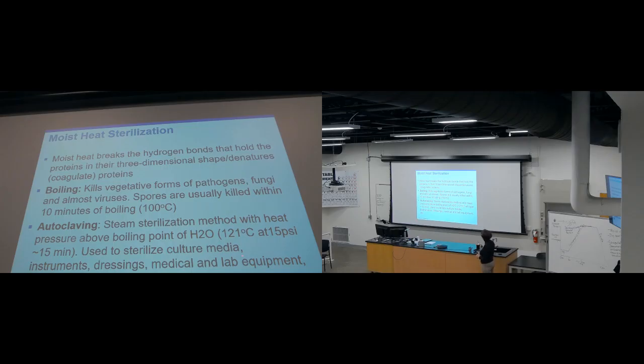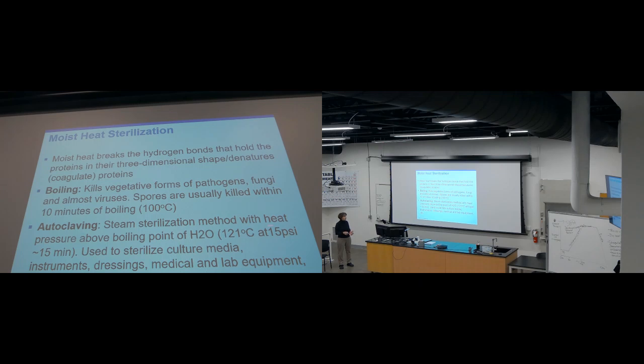So now we have to have a specific temperature that goes above the boiling point of water. In this case it will be 121 degrees Celsius, and the pressure that is created by the steam of water has to be controlled. There are settings in these devices that prevent you from going beyond that pressure.